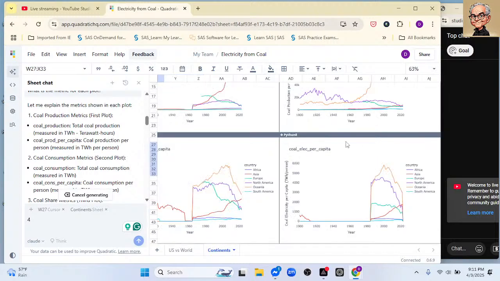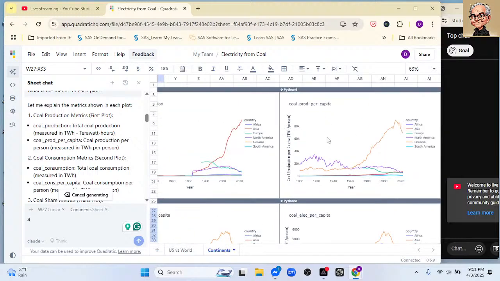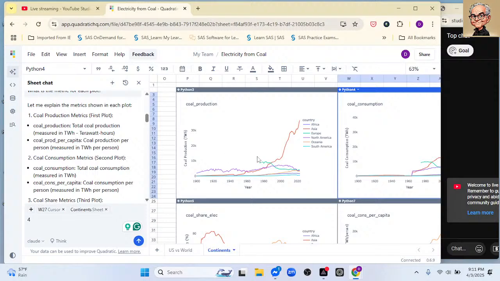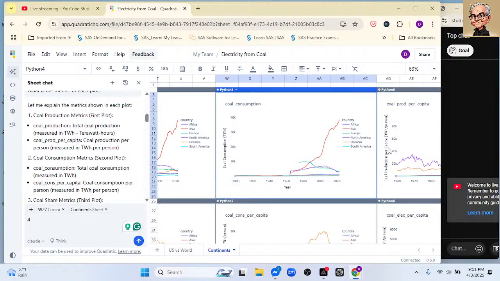I should have said create 3 new plots, shouldn't I? Okay, so coal production per capita. What's this one over here then? Well, so there are coal production, coal consumption, coal production per capita. Once again, we see Asia had a huge increase in coal production per capita.